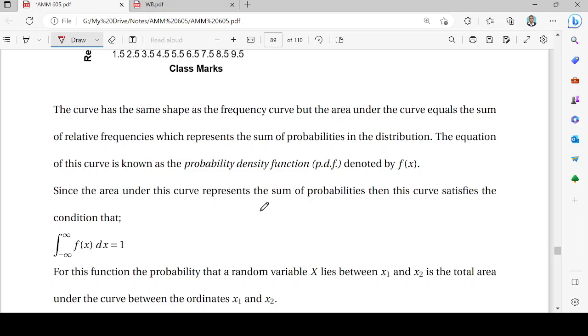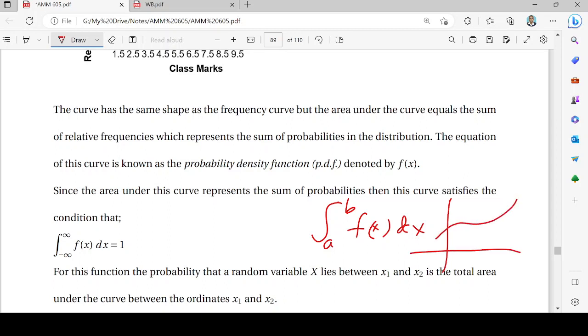Now, because the area under the curve represents the sum of probabilities, which is 1, we can write mathematically the integral. Remember, whenever we write the integral from some point A to B of f of x dx, this represents the area under the curve.